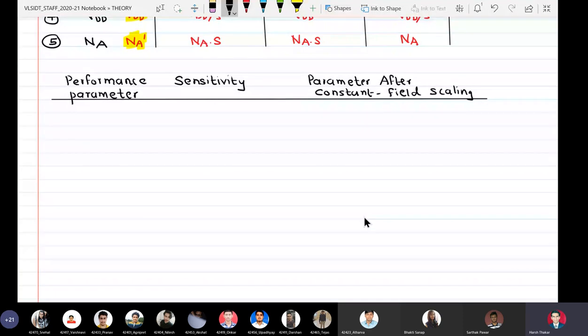So performance parameter, sensitivity, and parameter after constant field scaling. This is the old parameter, this is the new parameter after scaling, and this is the sensitivity.